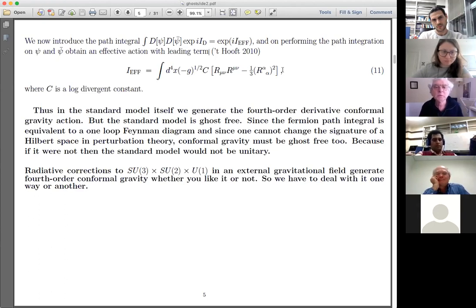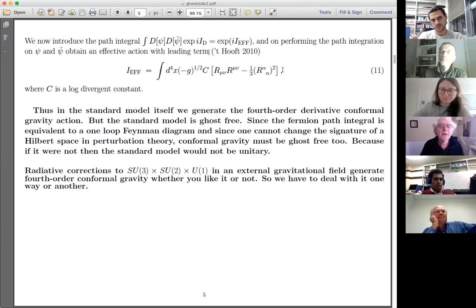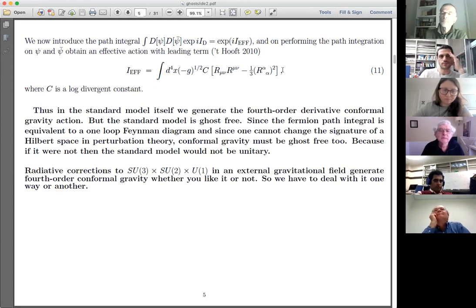You cannot cancel everything by the single gravitational loop. In fact, that's the basis of the 1/n expansion, which I was involved in years and years ago. Very nice expansion in higher derivative theory that it's unitary at the leading order in 1/n.